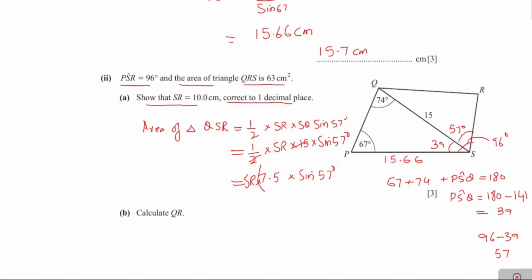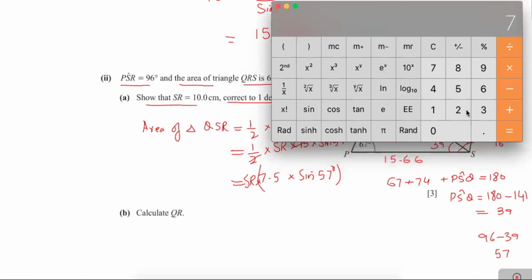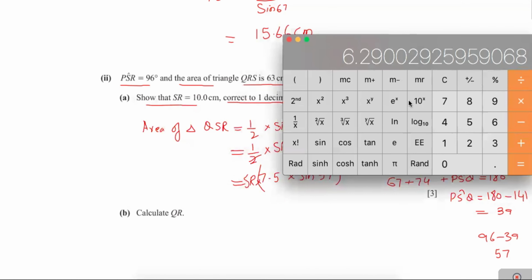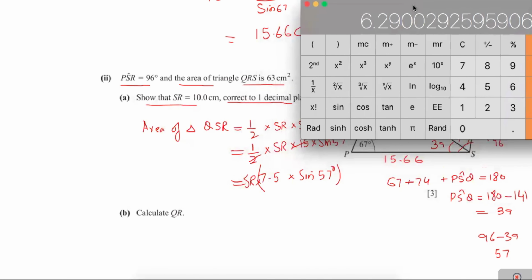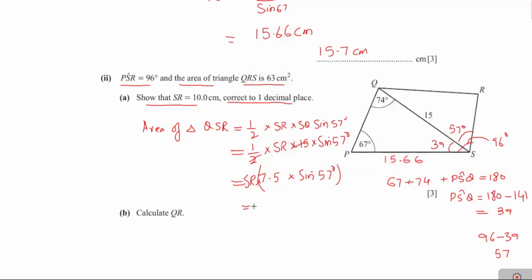Now we calculate 7.5 multiplied by sine 57, which equals 6.29 SR. And the area of triangle QSR is equal to 63.